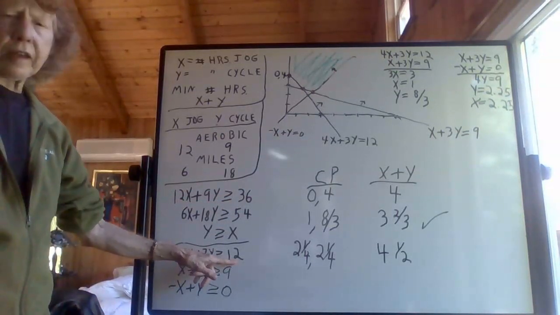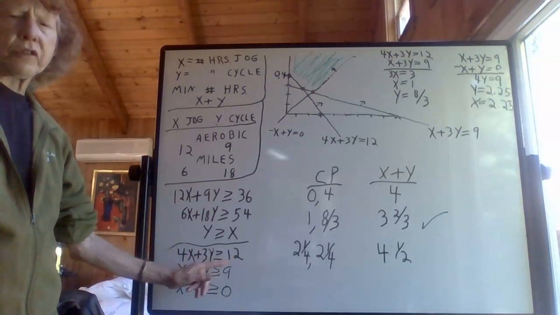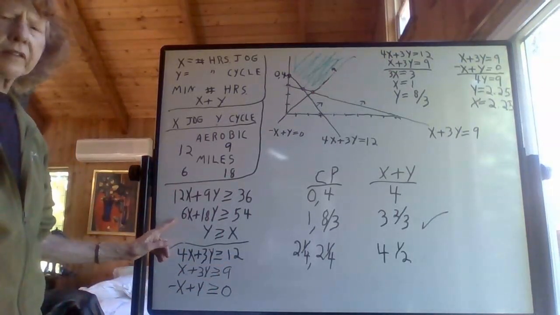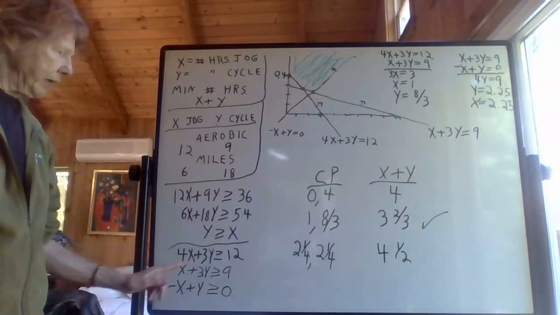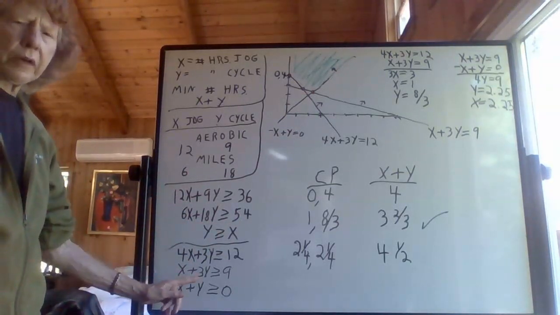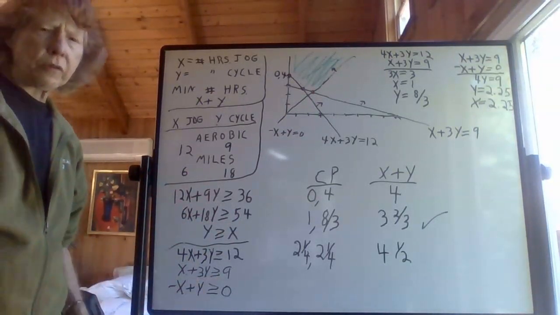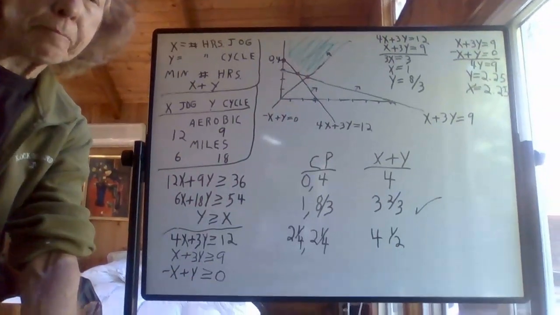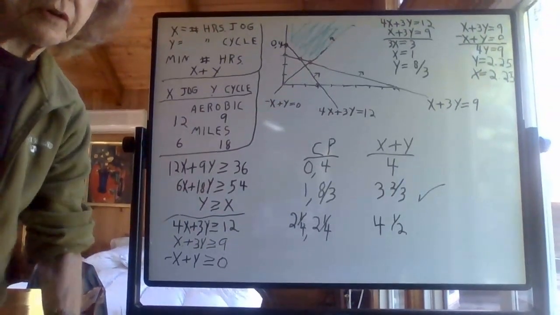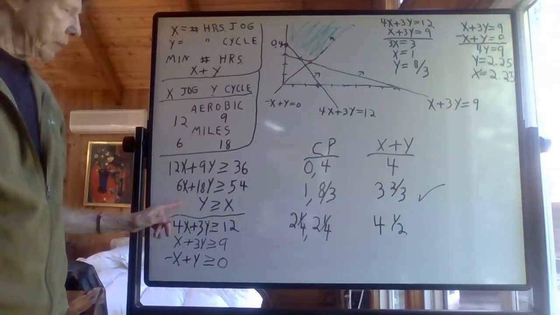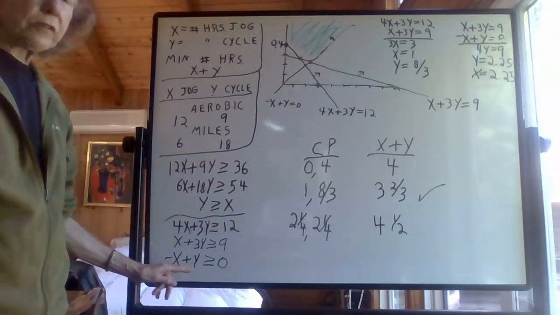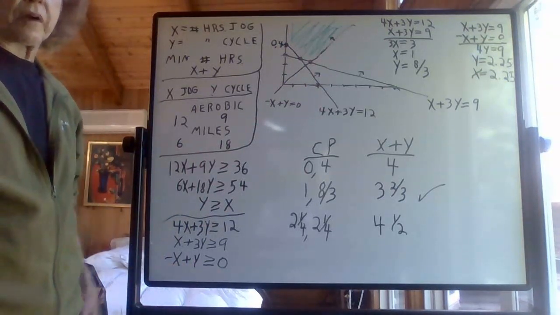So we get this as our simplified constraint. Here 6 goes into everything. 1, 3, and 9. So 1x, 3y is greater than or equal to 9. And then for the last one, we just bring the x to the other side and make that minus x plus y greater than or equal to 0.